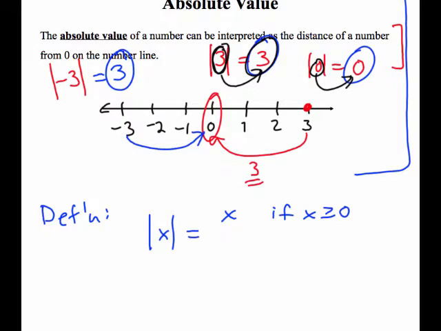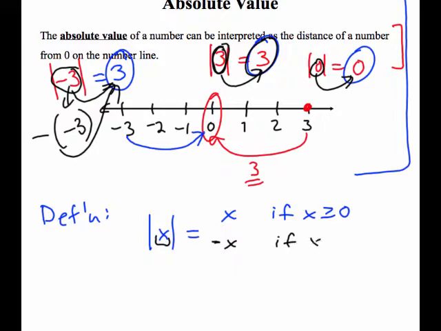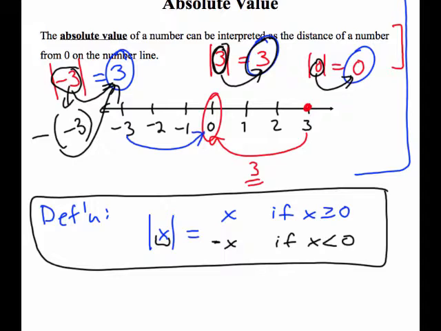But if our x is a negative number, then our absolute value is the opposite of this negative number, because that will make it positive. So if x is negative, its absolute value is negative x. And this is what we call our piecewise definition of absolute value. Absolute value is x if x is positive. It's the opposite of x if x is negative.